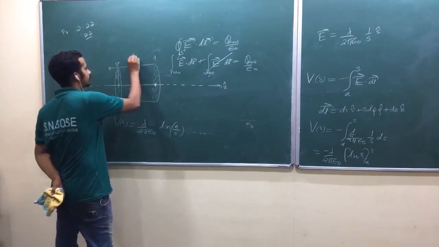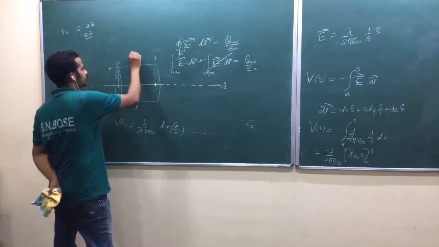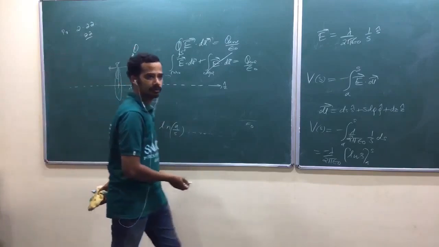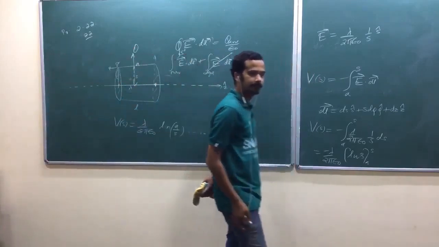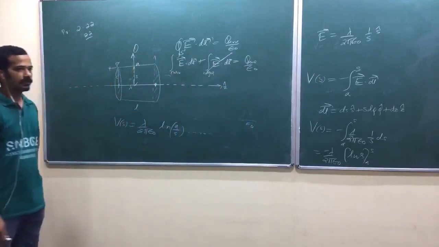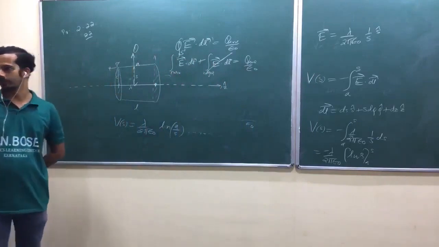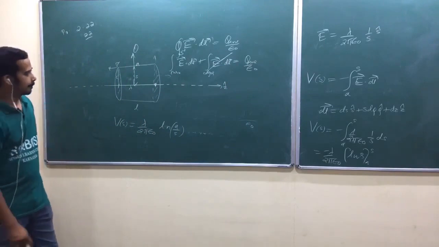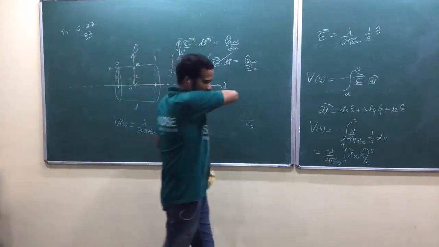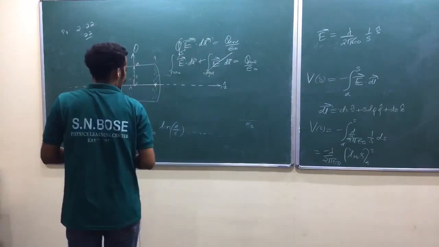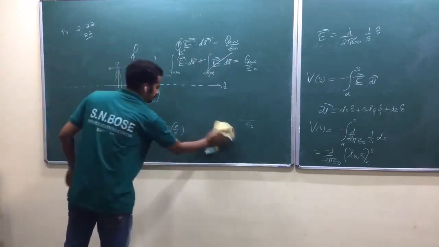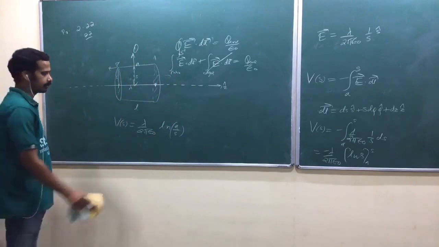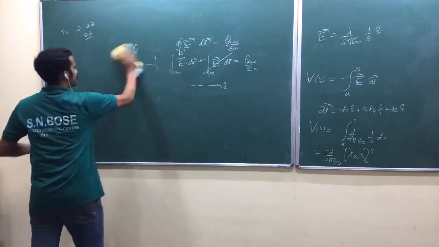Let me choose this as a distance A. Let me choose this as my reference point, at a distance A from the wire. Because I can't choose infinity as a reference point. But when asked for potential difference, you don't have to worry. It will be independent of the choice of reference point.